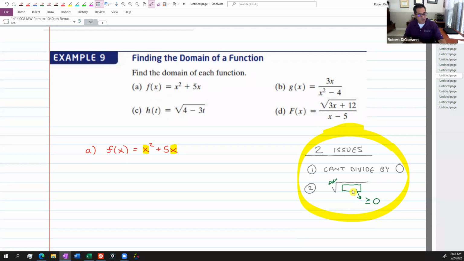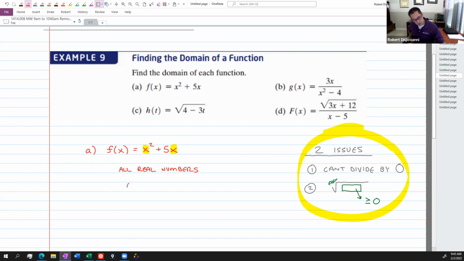There's a couple of ways to do it. You may have seen this before. All real numbers is one way you could write it. In other words, you can plug any number you want into there. Another way you could write that answer, and the way that the computer wants you to put it in as your answer, is they want you to use what's called interval notation.